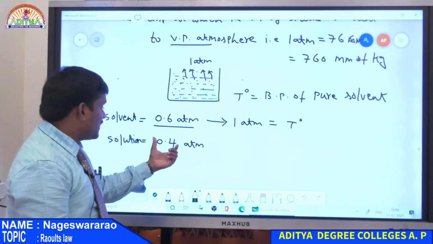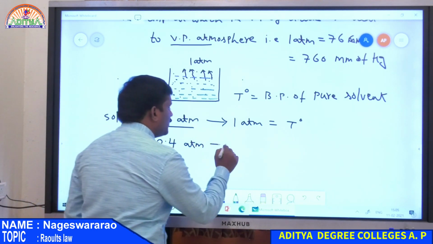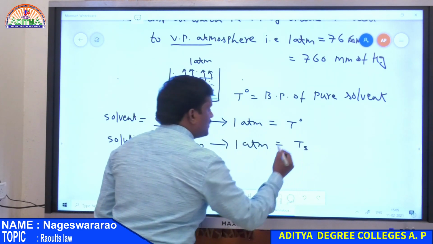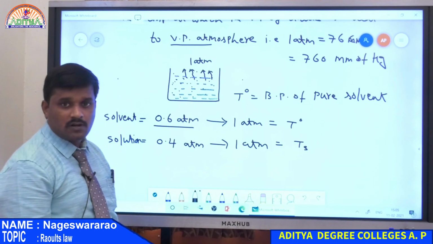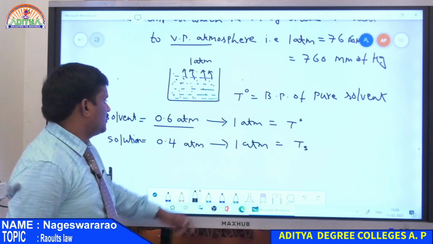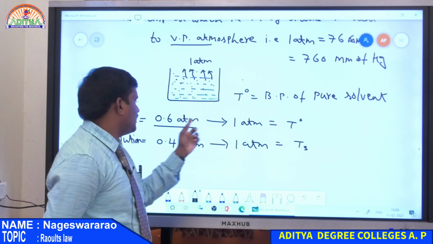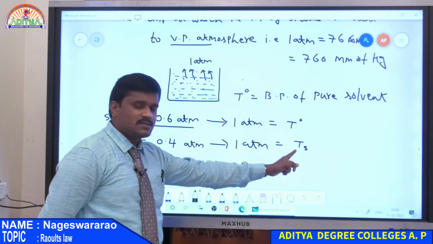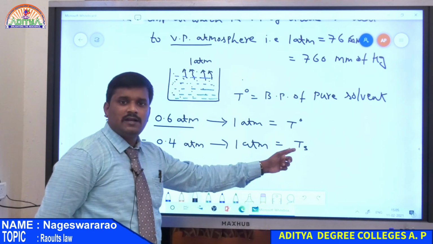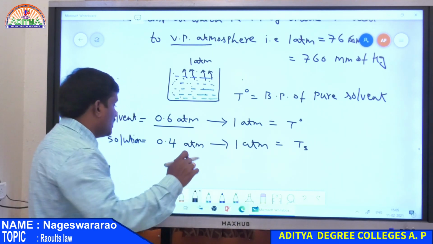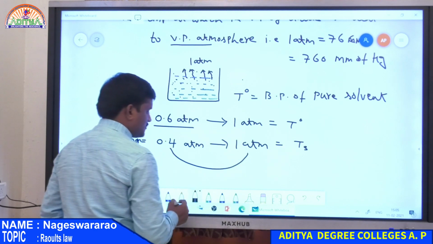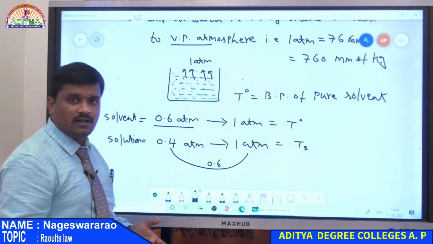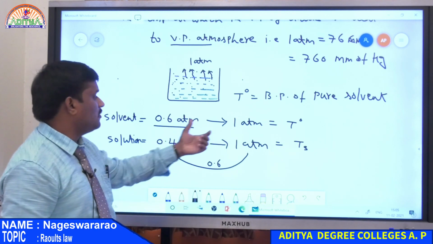The temperature required to convert 0.4 to 1 atmosphere is the boiling point of the solution, Ts. Which is the higher value? Here the difference is 0.6, so a higher temperature is required to convert 0.4 to 1 atmosphere.